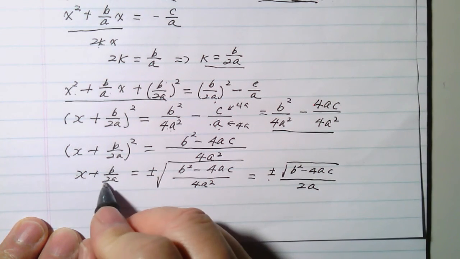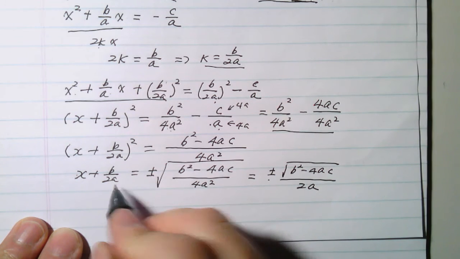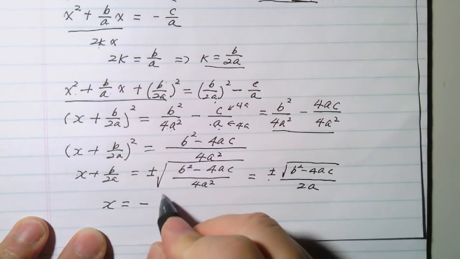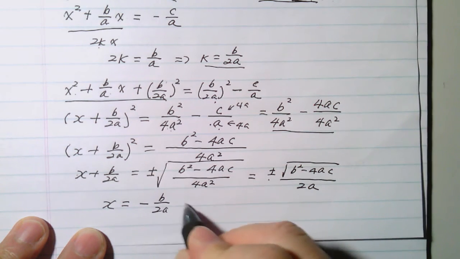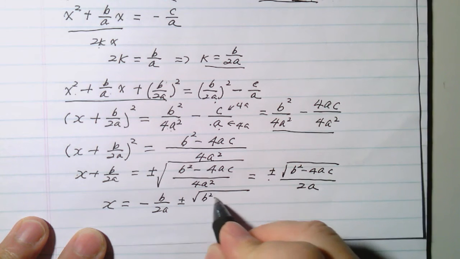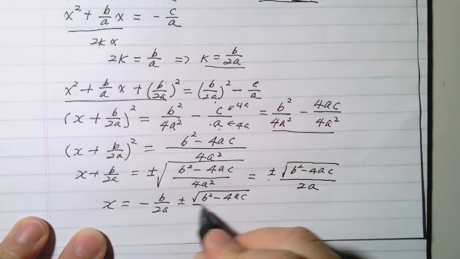I subtract b over 2a from both sides. I get x equal to minus b over 2a plus or minus the square root of b squared minus 4ac, divided by 2a.